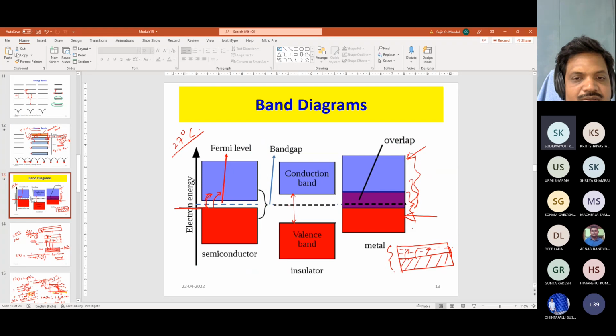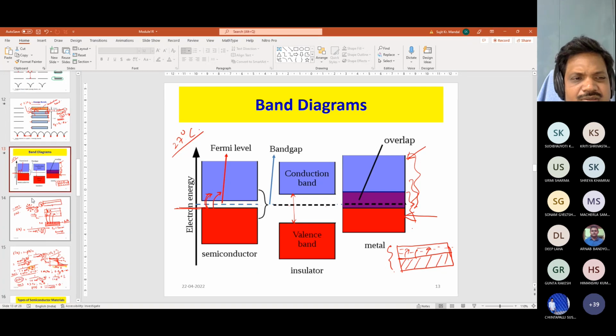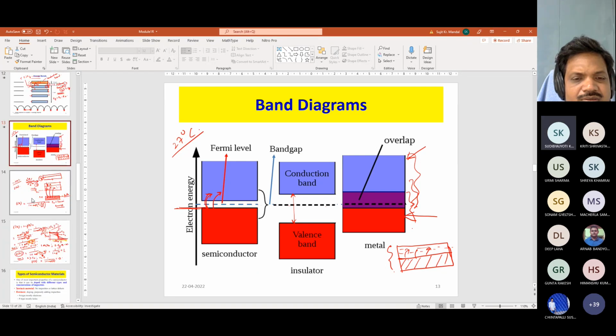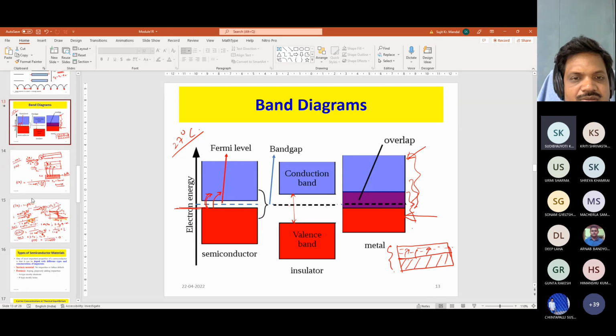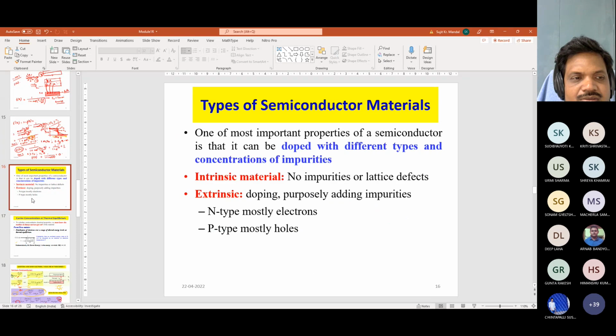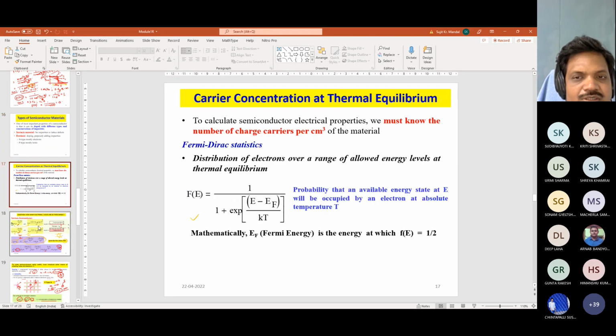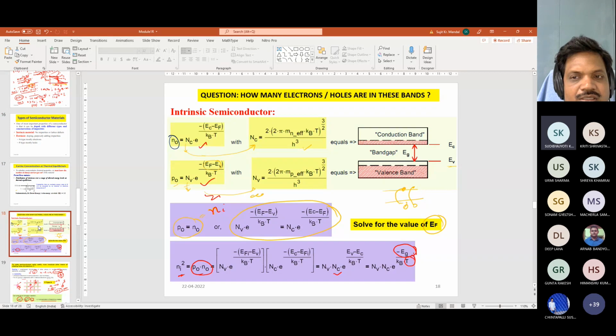The topic was probably how many electrons or holes are in these bands. This one, sir. Yes. Sir, why are there some markings on the conduction band and valence band?